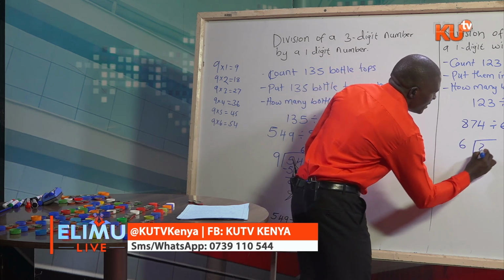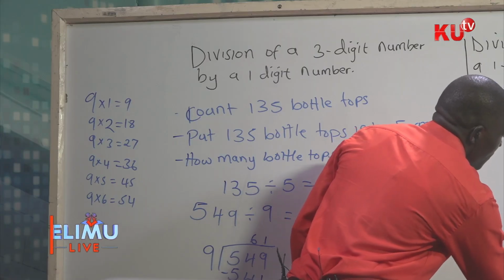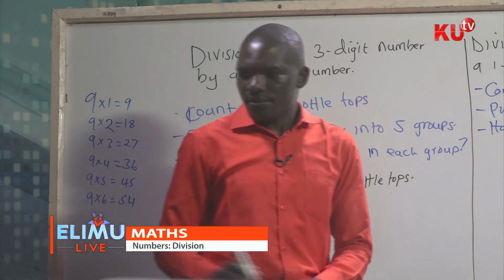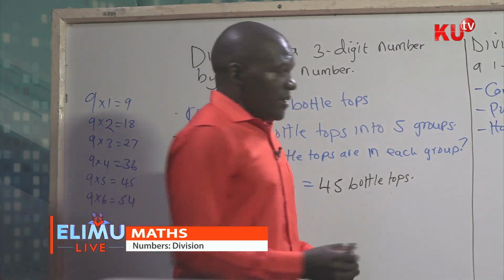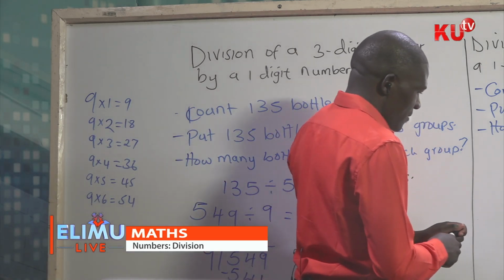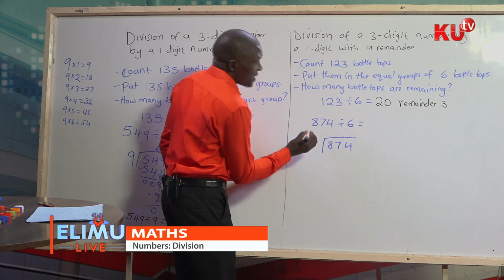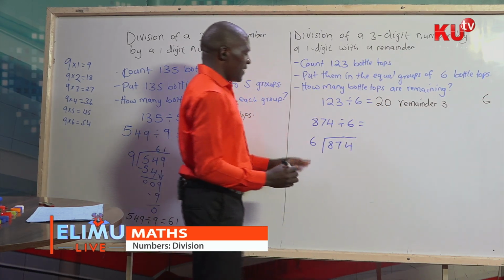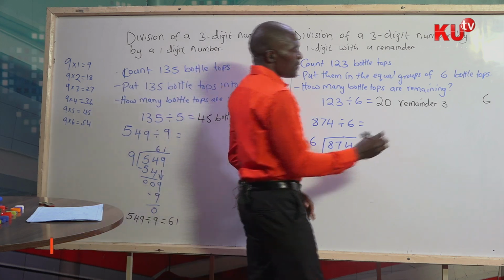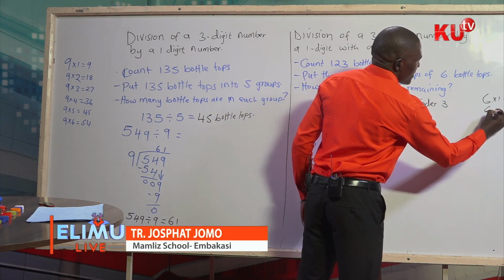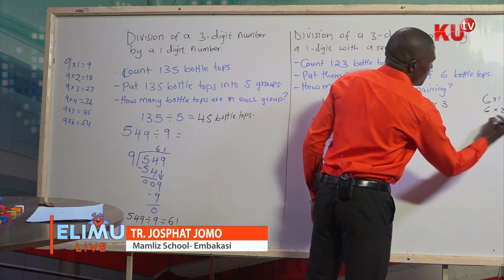Our long method, 874. So we are looking at 6. You move to table 6. The number that you are dividing with, you move to that, the multiples. 6 times 1, 6. 6 times 2, 12.